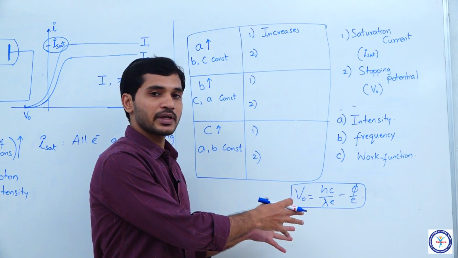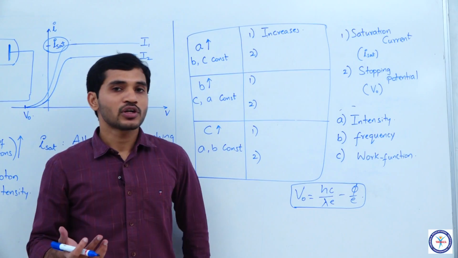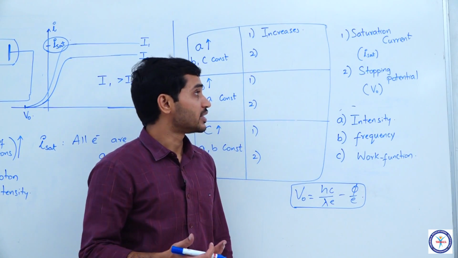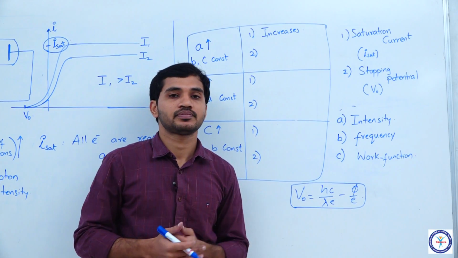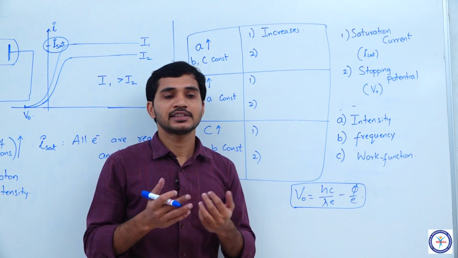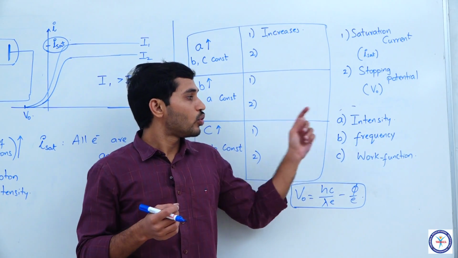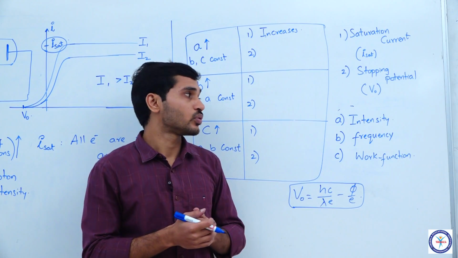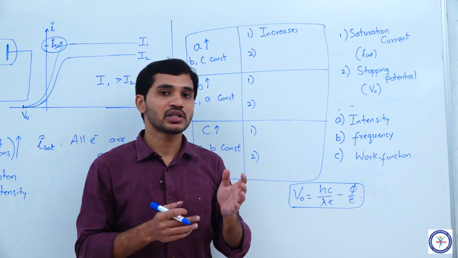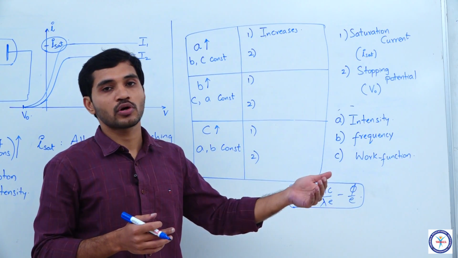Although I have explained it with an expression, think logically about why the stopping potential does not depend on intensity. The reason is pretty simple. More intensity means more number of electrons coming out. Stopping potential ensures that the fastest moving electron is being stopped.